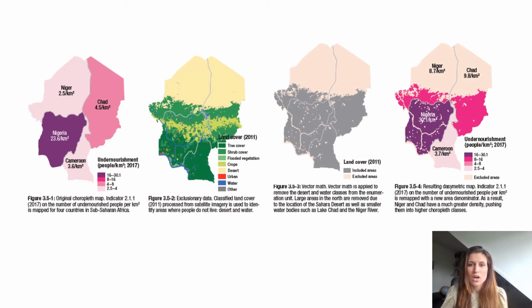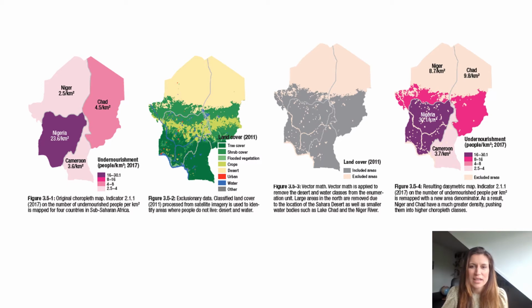Ancillary data are required to make many of the different map types that are alternatives to the standard choropleth map. SDG indicator data at the subnational level are not publicly or readily available, although there are a few exceptions. One possible alternative map type we do suggest is a dasymetric map. Here we have a traditional choropleth map on the left.